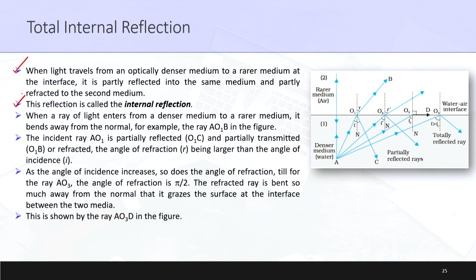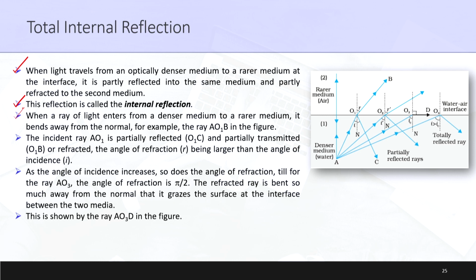Now, when a ray of light enters from a denser medium to a rarer medium, it bends away from the normal, quite evident. As you can see, this was the original path of light, but it bends away from the normal. For example, the ray A O1 B in the figure.